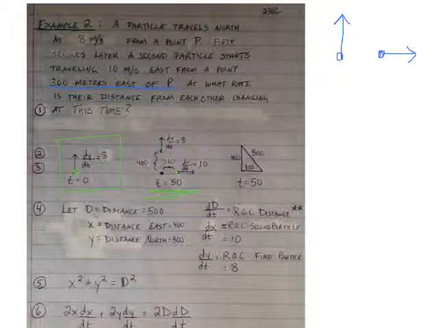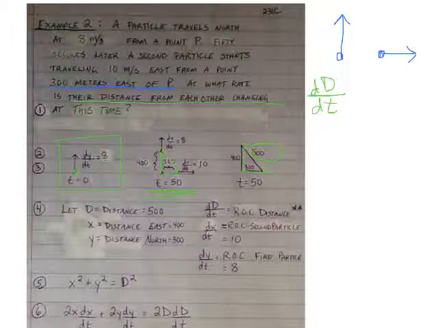So what we've done is we've created a triangle, and we can use the Pythagorean theorem to find that the distance between those two particles at 50 seconds is 500 meters. And we're trying to find at what rate their distance from each other is changing, so we're looking for the change in distance with respect to time.